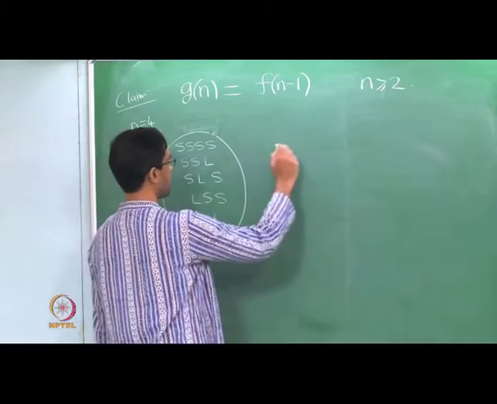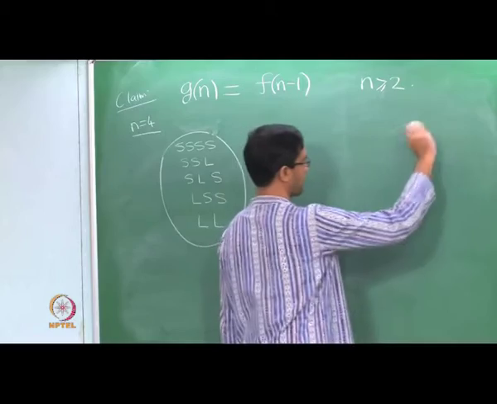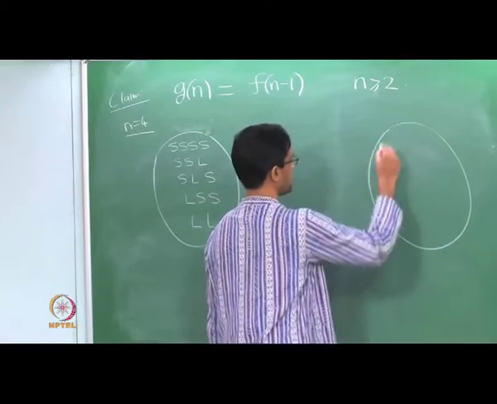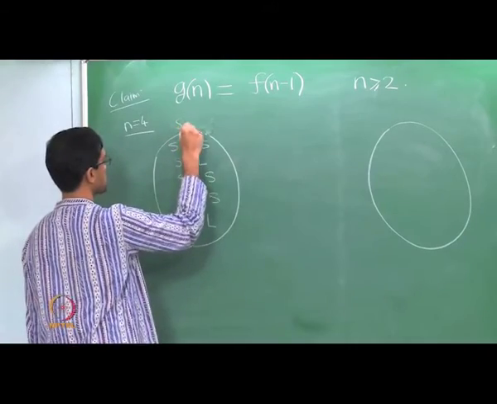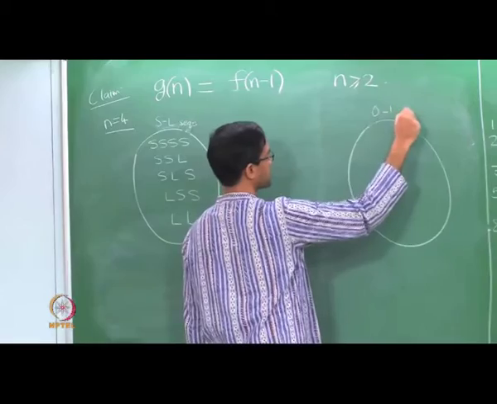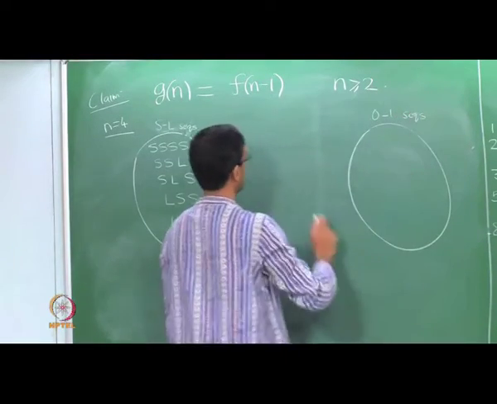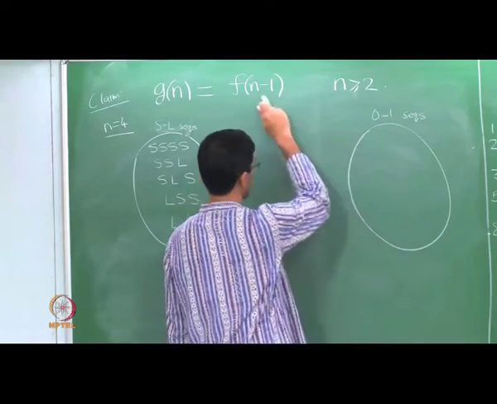On the other side, I am going to write out 0 1 sequences, but for n equals 3.